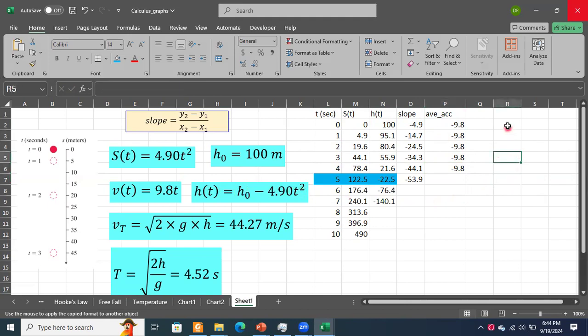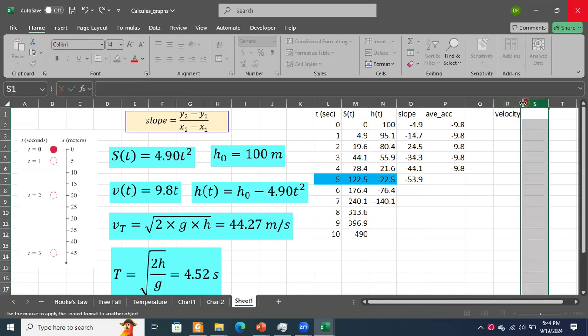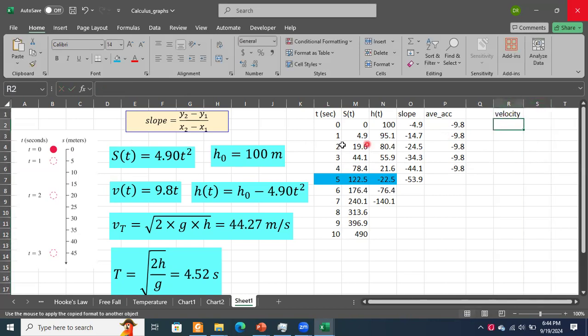So let's compute here the velocity defined at every point. So velocity, exact velocity, which is available at every time because we have the analytical expression for that one.